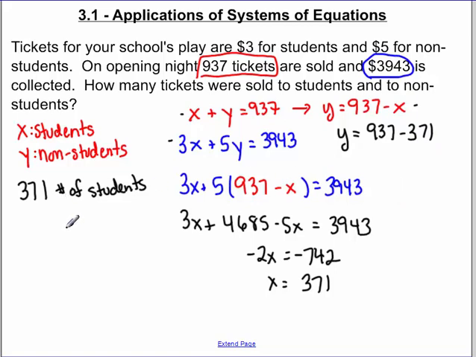So that turns out to be 566, and that's the number of non-students. Okay, so that's our first example. I call this the ticket type, where you're selling a certain amount of things, and there's a price.